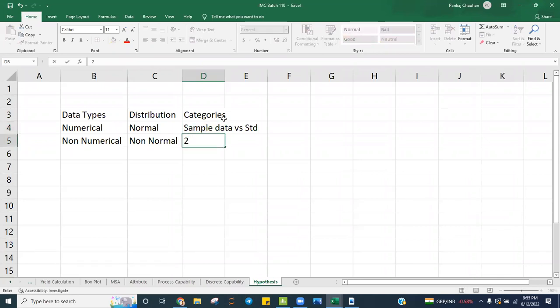You are validating two sample data sets with each other, or you are comparing three or more data sets or sample data with each other.